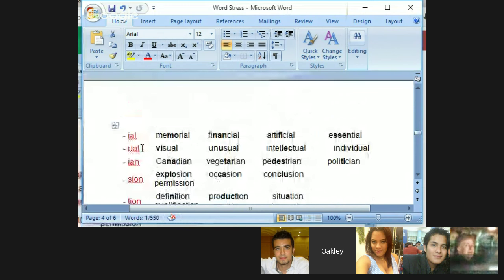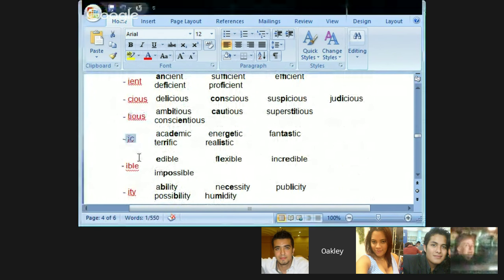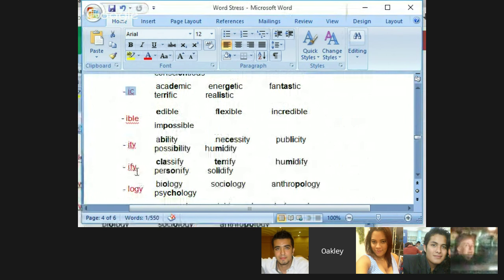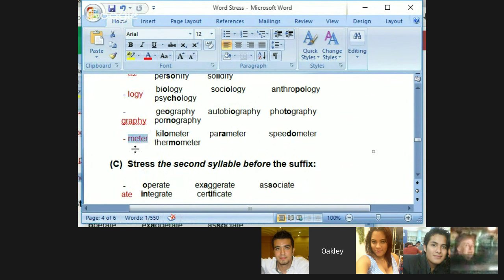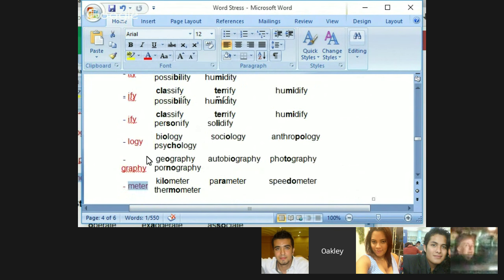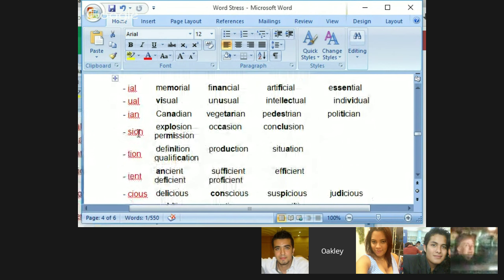All of these have either a wide I sound or the short I. And then we end with a couple of wide sounds, lg, graphy, and meter's the odd man out. It has nothing in common with the rest of the suffixes in the group. But in general, they kind of have an I sound or a Y sound. It's a general way for you to try to remember this idea.